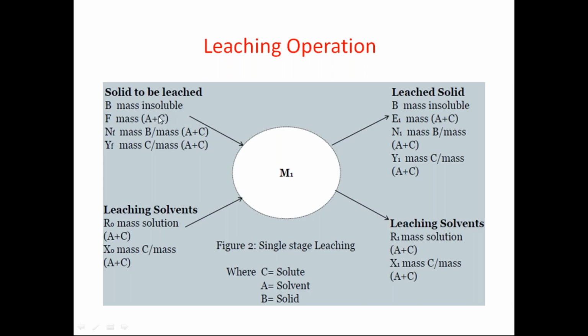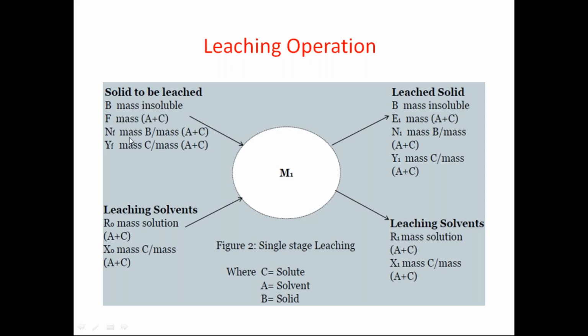So this C, adding the C with the solvent which you are adding here, that is called mass of F. So usually if the dry solids are added initially, then it may have only C. It doesn't have any A. So F is equal to the content of C which is present in the solids which are soluble in the liquid.